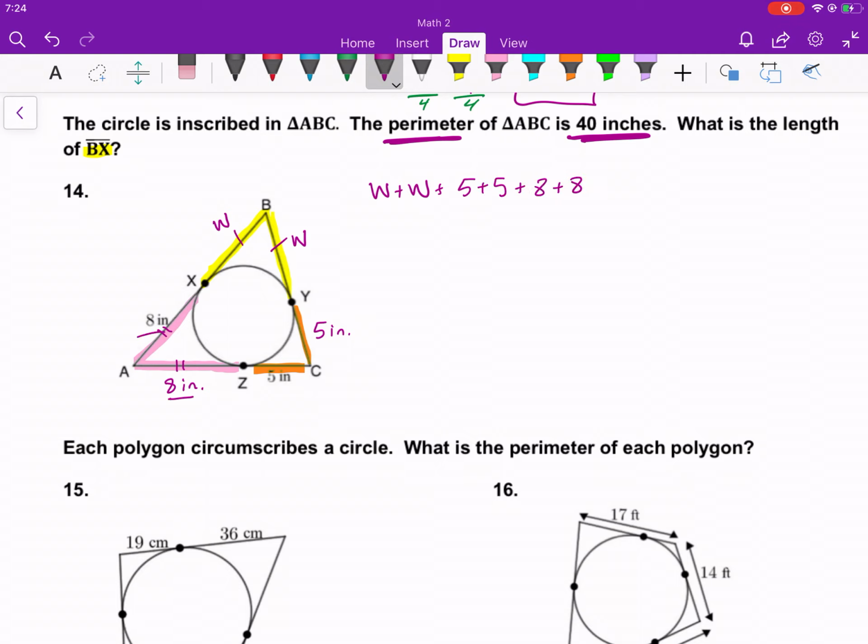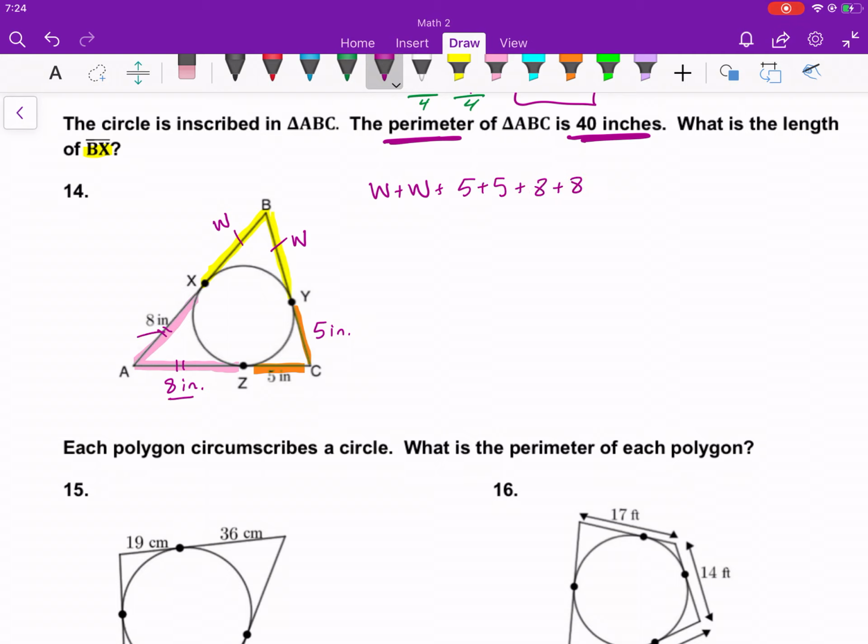Now we could have simplified this by saying, since there's 2 of the w's, 2w plus 2 times 5 plus 2 times 8 equals 40. So you could have written it that way at first. But regardless, when you combine like terms, 2 times 5 is 10, 2 times 8 is 16, so we get 26. Well, then we just go ahead and subtract the 26 from both sides.